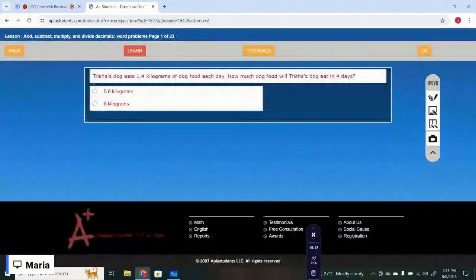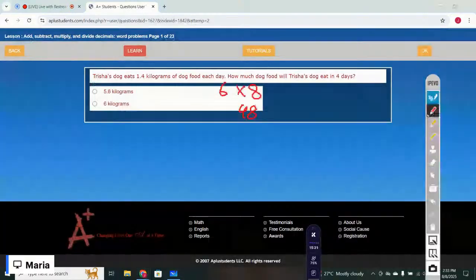Trisha's dog eats 1.4 kilograms of dog food each day. How much dog food will Trisha's dog eat in 4 days? So you have to do 1.4 times 4, right? Let's just multiply. 4 times 4 is 16, right? 6 and carry 1. 4 times 1 is 4, and 5.